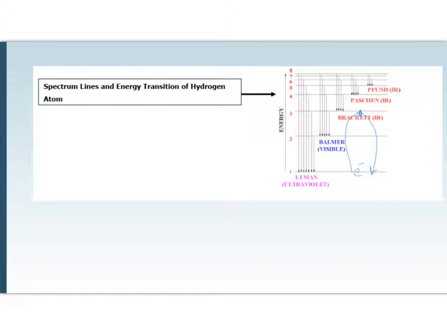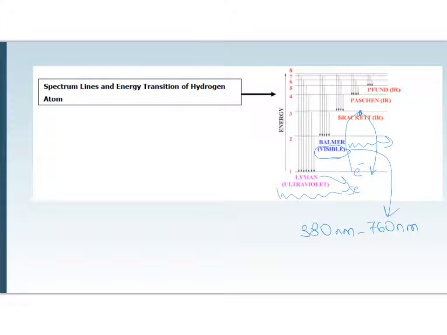All the electrons coming back to the first level indicate the Lyman series. If it comes back to the second one, it indicates the visible series. Why do we call it the visible series? Because we can see this light as colors. This means it has a wavelength between 318 nanometers and 760 nanometers.